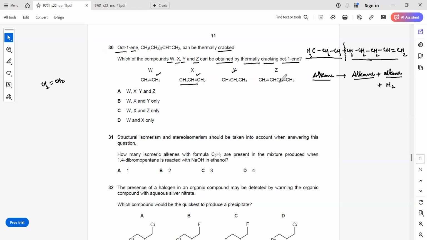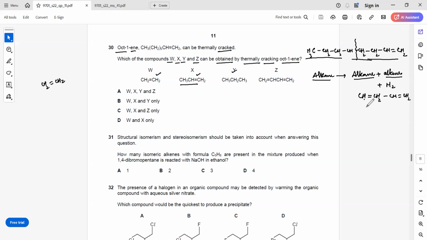Next, this compound Z that is having 1, 2, 3, and 4 carbon atoms. So if it breaks from this point, is that possible? Yes. The other compound which will break gives us CH double bond CH2, CH and CH2.